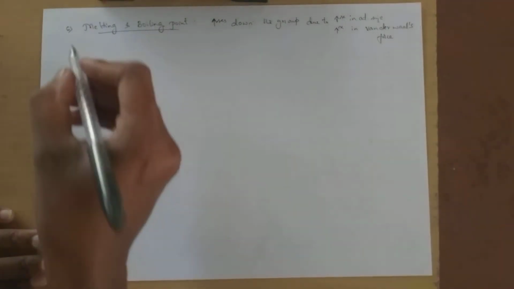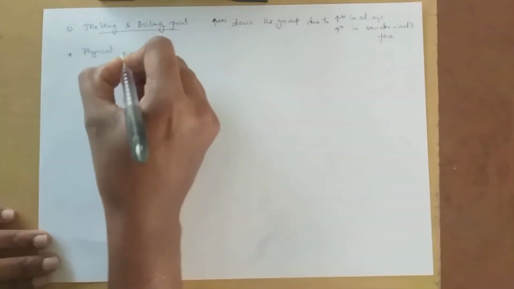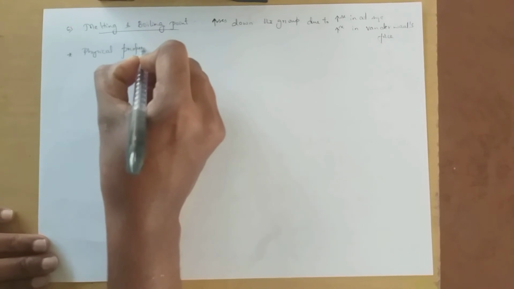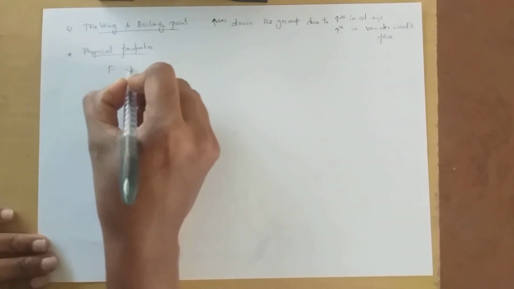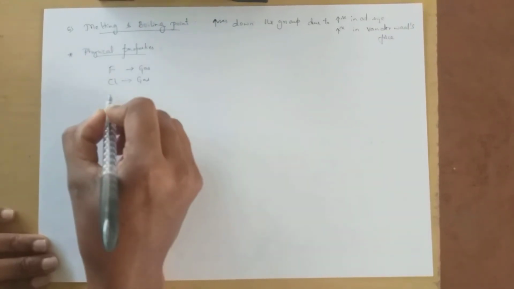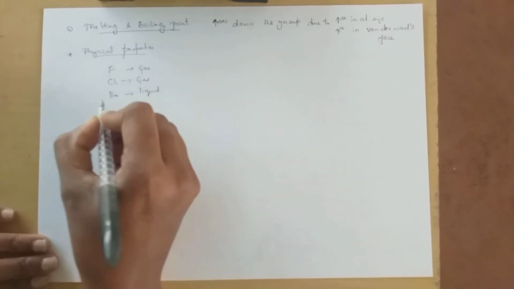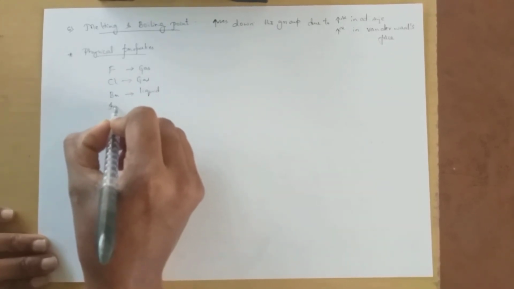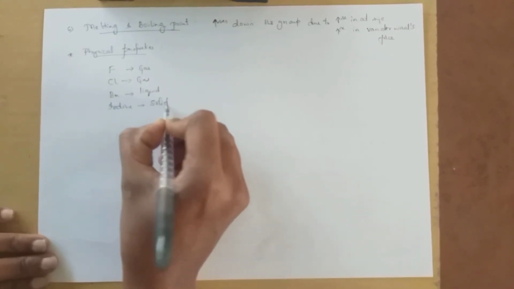Okay, next coming to physical properties. Basically fluorine is a gas, chlorine is also a gas, bromine is a liquid, and iodine is a solid.